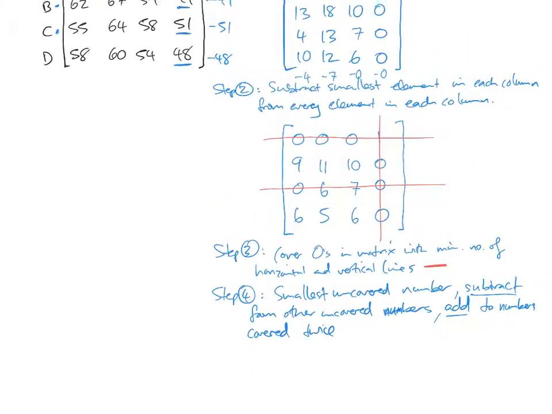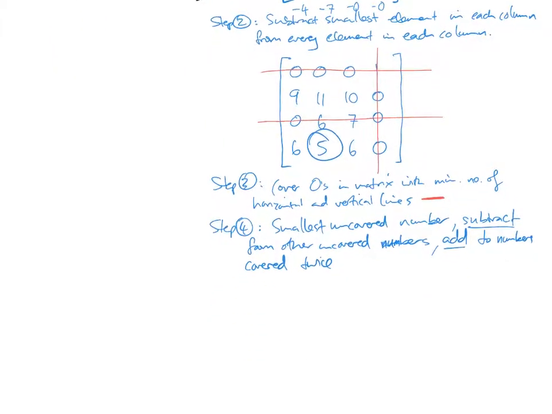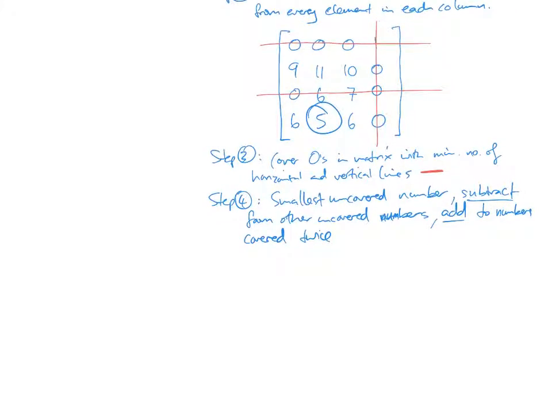So the smallest uncovered number from step 3 is 5. So I'm going to draw the result of the step 4 underneath.